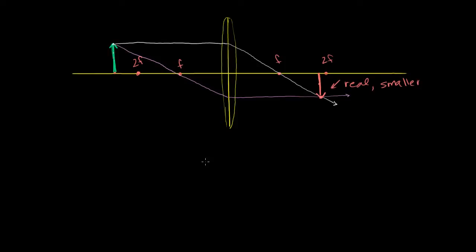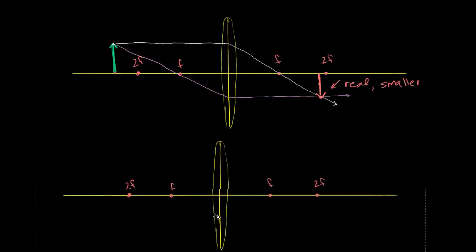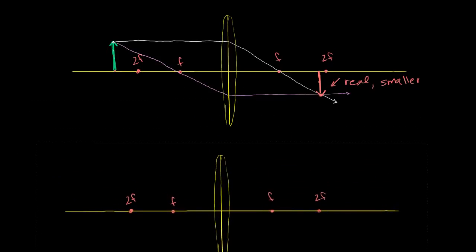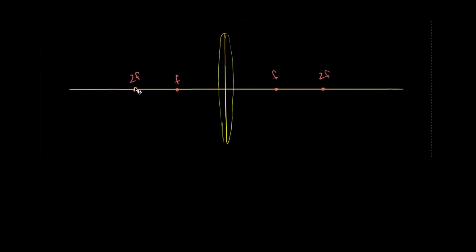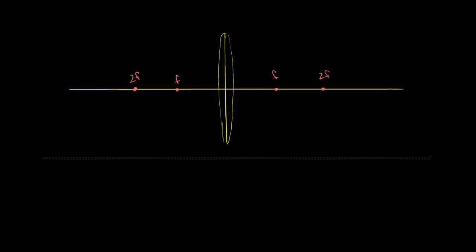Let's do a couple of other scenarios. I copy and pasted this before starting this video to save on time. So let's do a situation now where the object is at the 2 focal distances, I guess we could call it. So let's put the object right over here. I'll do it in blue this time. But we do the exact same thing.